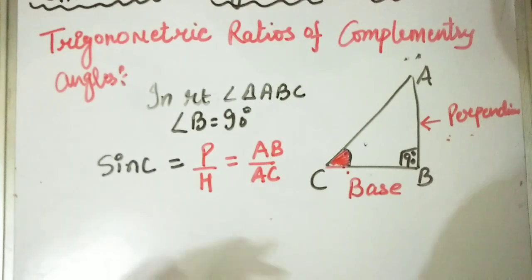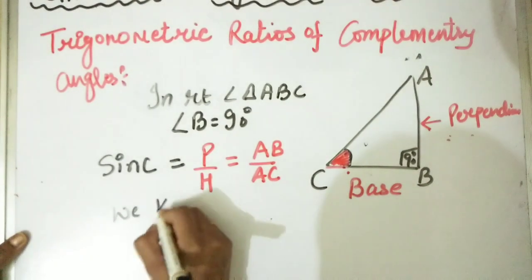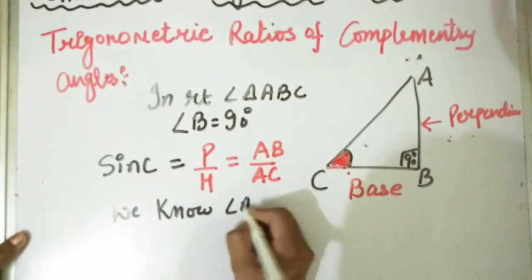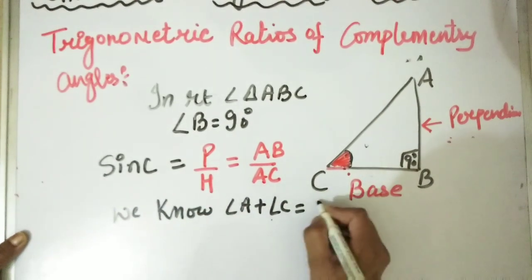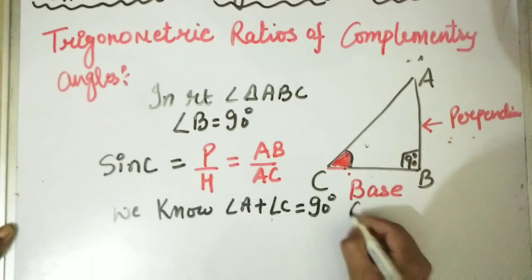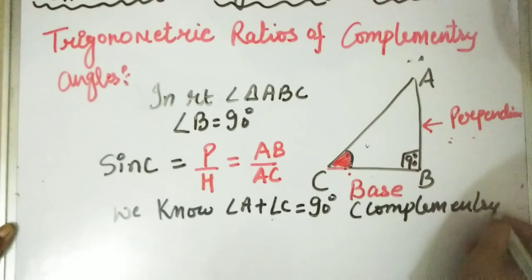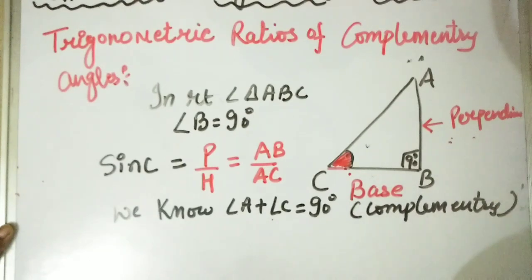Now what I want to find, now we know that angle A plus angle C equals 90 degrees, right? I have told you already a few minutes back that angle A and angle C are complementary angles. Now students, watch it very carefully.